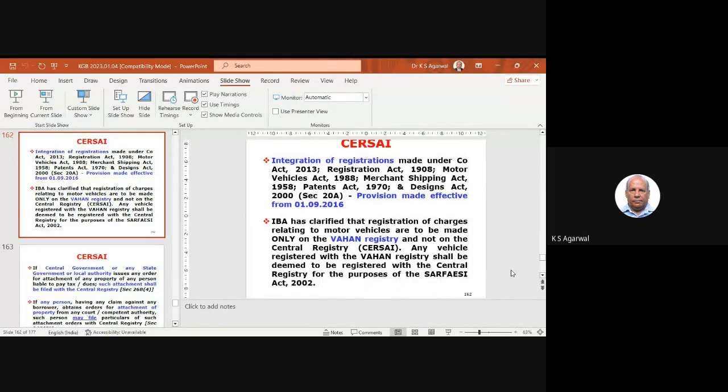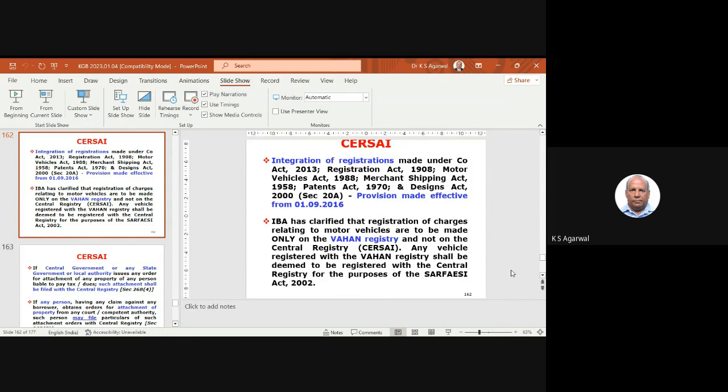Motor Vehicles Act, Merchant Shipping Act, Pension, all these registrations have been integrated with SARFAESI. So if we have given a car loan under the Motor Vehicles Act, I can draw this information from the SARFAESI portal. This integration provision has been made effective from 1st September 2016.